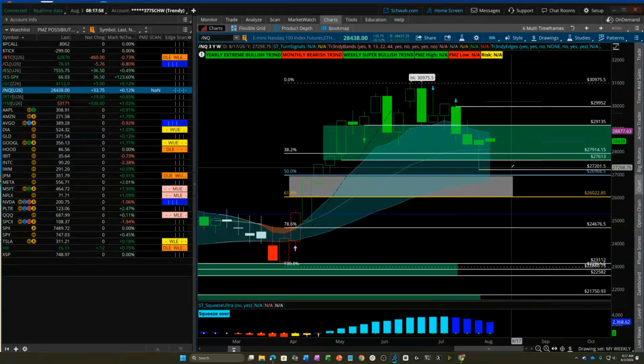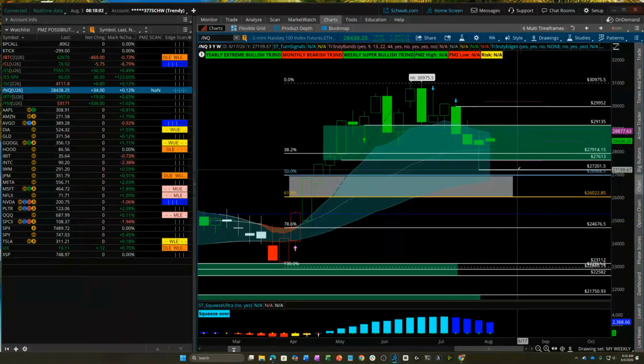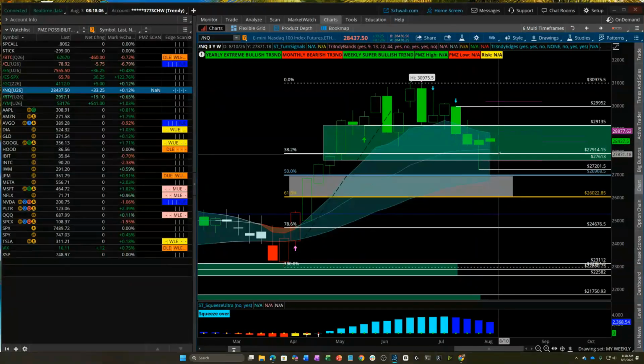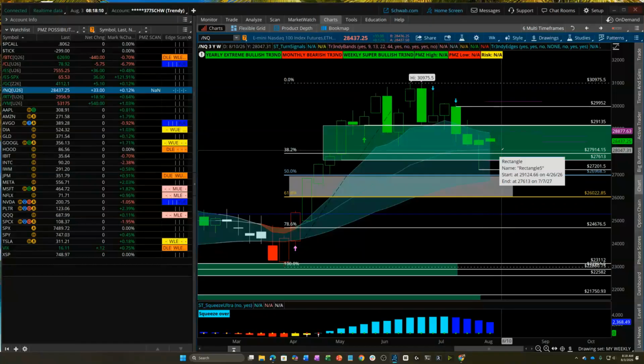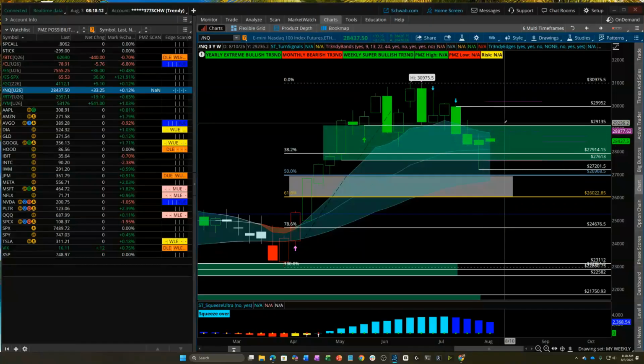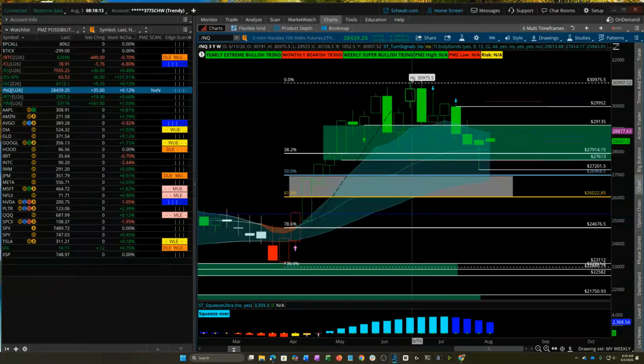As long as last week's low of 27,201 holds as support, I would look for buy the dip opportunities inside the weekly demand zone to go long from and at least play the relief bounce.